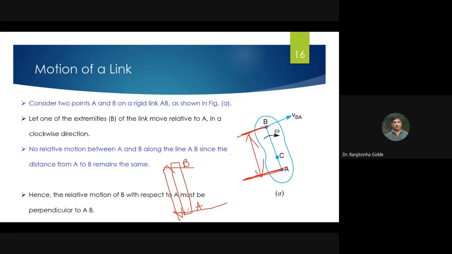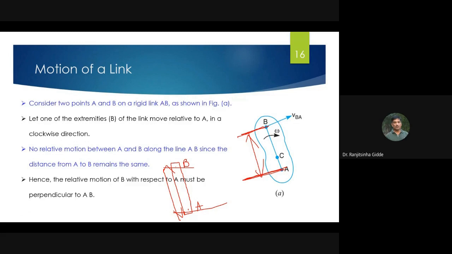So the relative motion of B with respect to A, in which manner is it going to take place? It is going to take place in perpendicular direction. Hence the relative motion of B with respect to A must be in perpendicular direction.